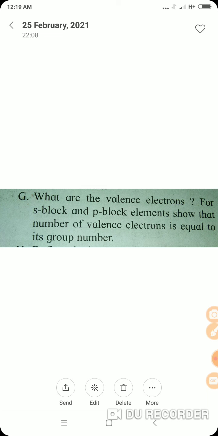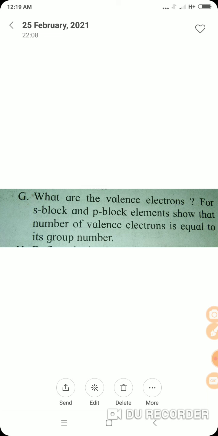For that we have to consider examples. Suppose we consider the hydrogen atom, having electronic configuration 1s1. As the valence shell contains only one electron, the element is placed in the first group, and the first group is included in the s block.